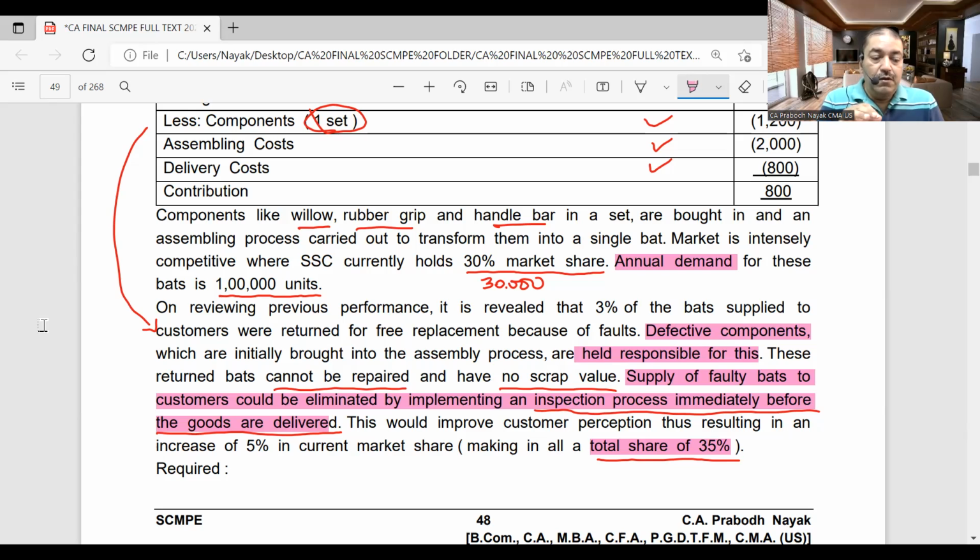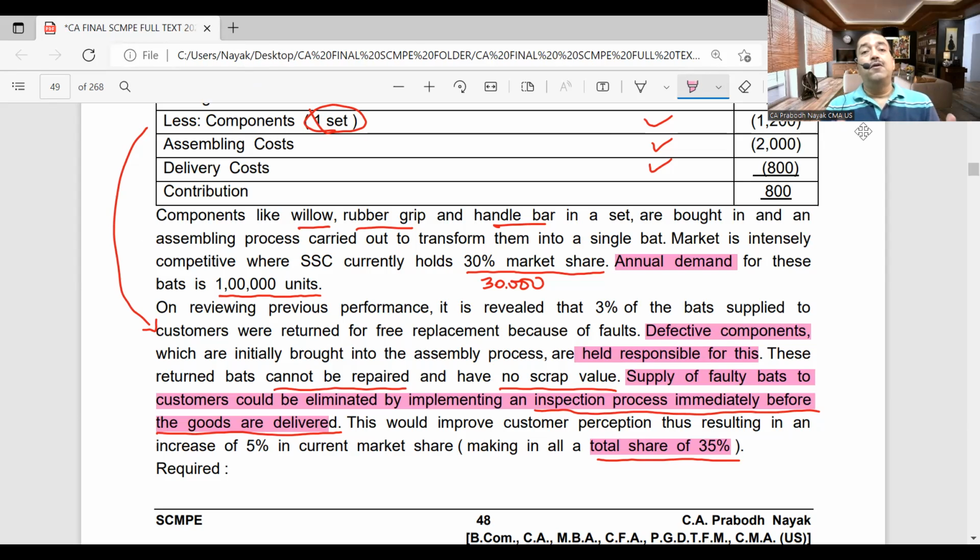But till then, it means that since I did not implement this inspection cost, I was having an opportunity cost. What is that opportunity cost? Loss of contribution. I'm having that now. You got my point? Because I'm not having an inspection process, I'm having an opportunity cost in the form of contribution lost.